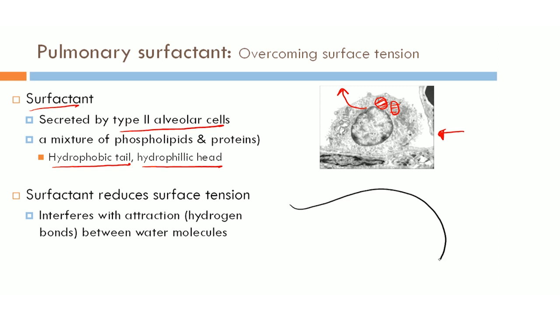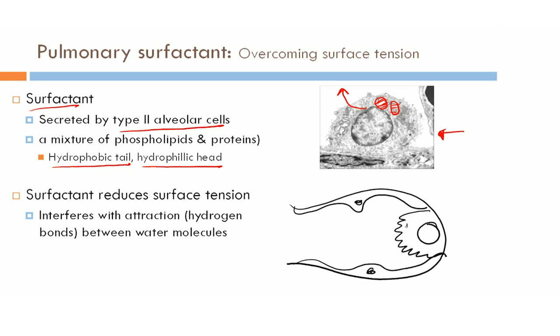So say we've got our alveolus here with our type 1 and our type 2 cells. Here are our type 1 cells on either side, and our little hairy looking microvilli-covered type 2 cell. The type 2 cells produce surfactant, and the surfactant then wants to break up some of the bonds between the water molecules.